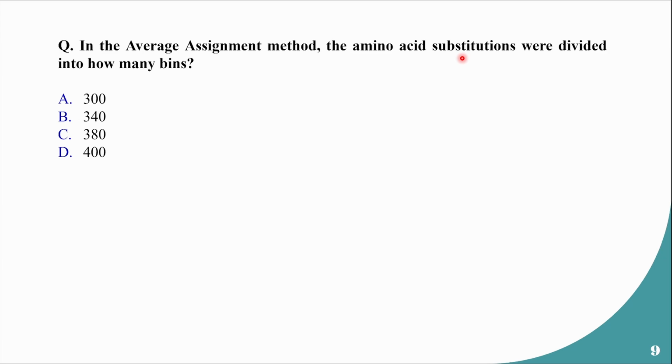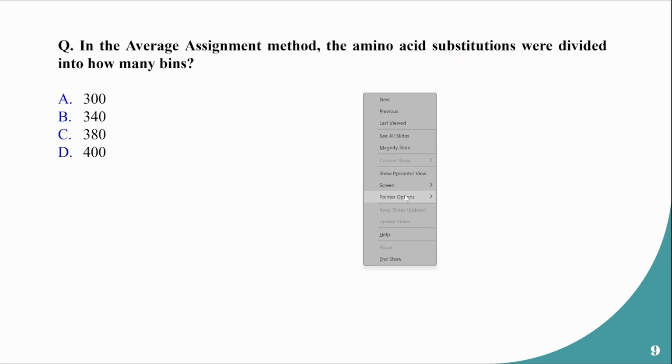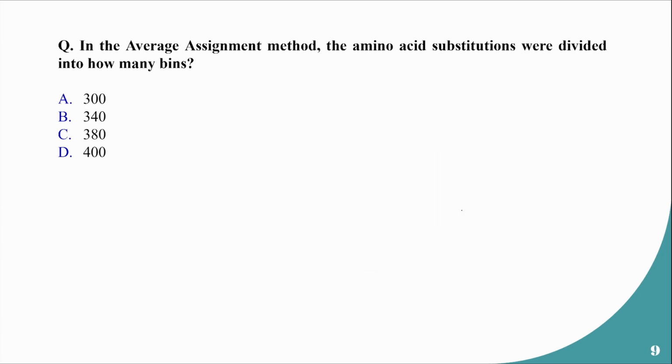So for each of the amino acids that are present, let's say 20 naturally occurring amino acids, if we try to substitute them with a different amino acid, each of them can be mutated into 19 different other amino acids, right? So the size of the total bins is, since there are 20 naturally occurring amino acids and each of them can be mutated 19 different ways, the total number of bins could be 20 times 19, which should be 380. Okay.